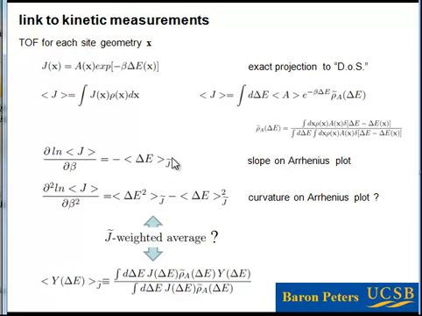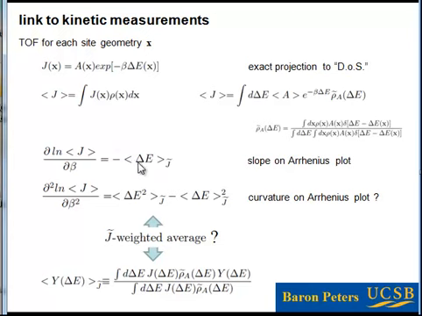So what do I mean by rate weighting? What I mean is that for any variable y, I can compute the average of y with a rate weighting by multiplying by my density of states, multiplying by the rate at that activation energy, and then integrating with y, and then of course I have this normalization factor here in the bottom. Okay, so that's the definition of this rate-weighted average.